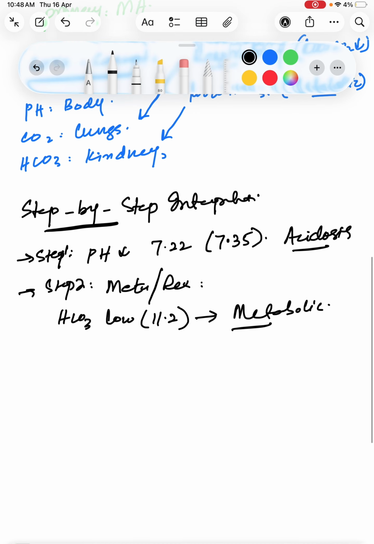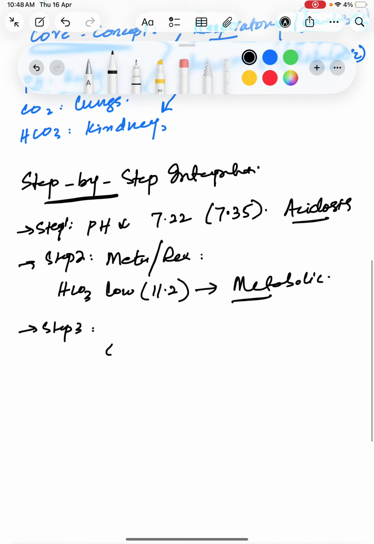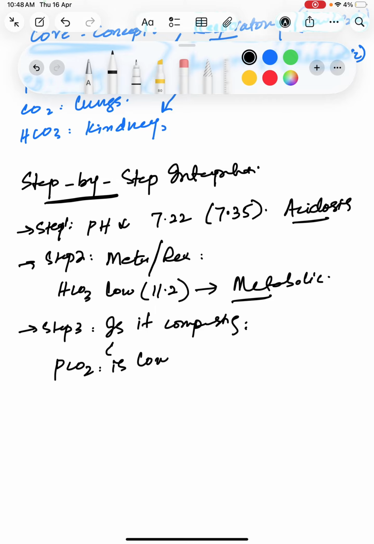Now step 3, is it compensating or not? We will get to know this from partial pressure of CO2, as it is maintained by the lungs, so it is 27.7, which is also low, so it means that the lungs are blowing off CO2, so this is compensating.